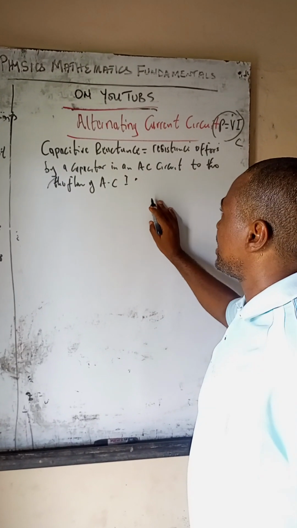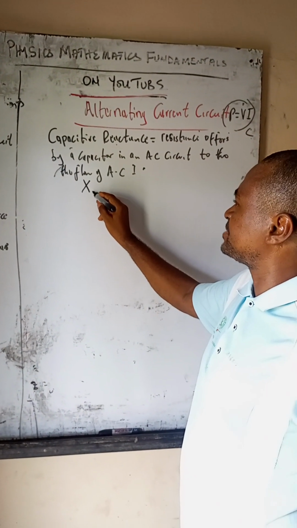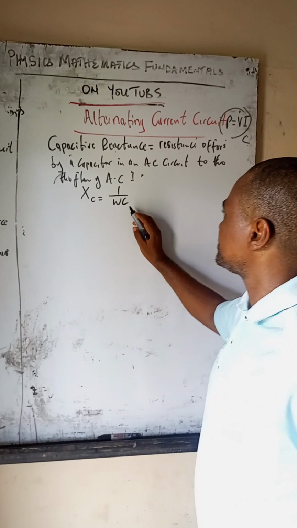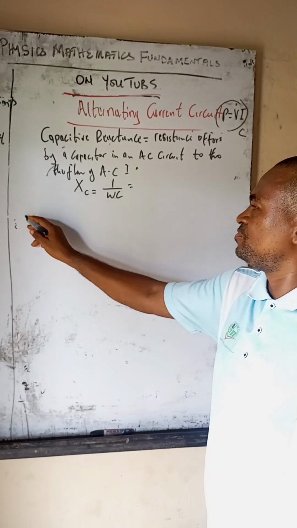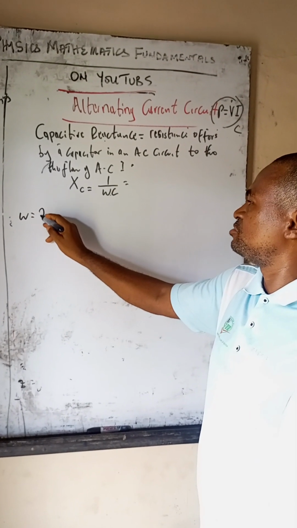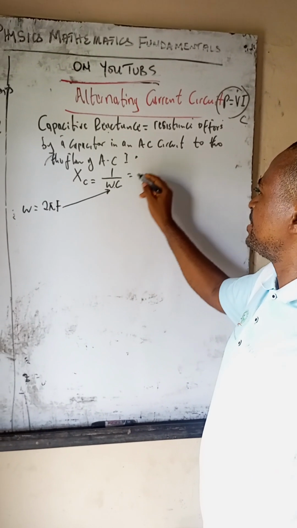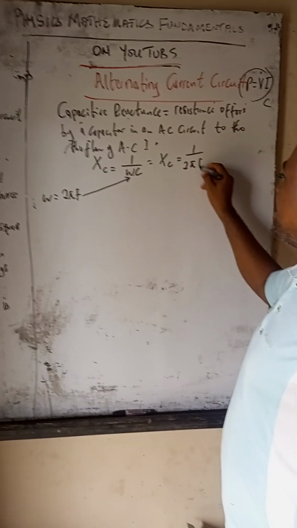And this particular capacitive reactance is represented as XC, which is 1 over omega C. And then, like I said in my last video, this omega is actually 2 pi F. So if I substitute here, my capacitive reactance will now be 1 over 2 pi FC.